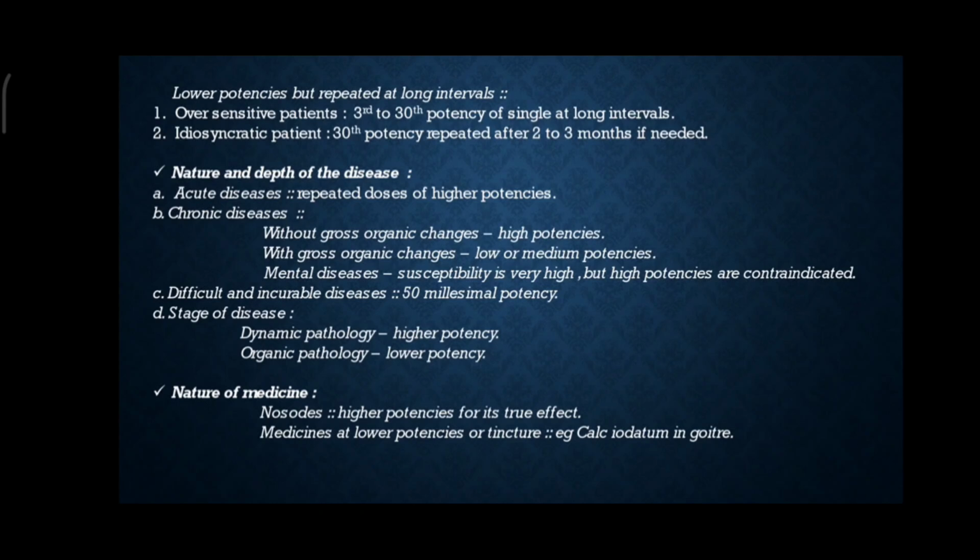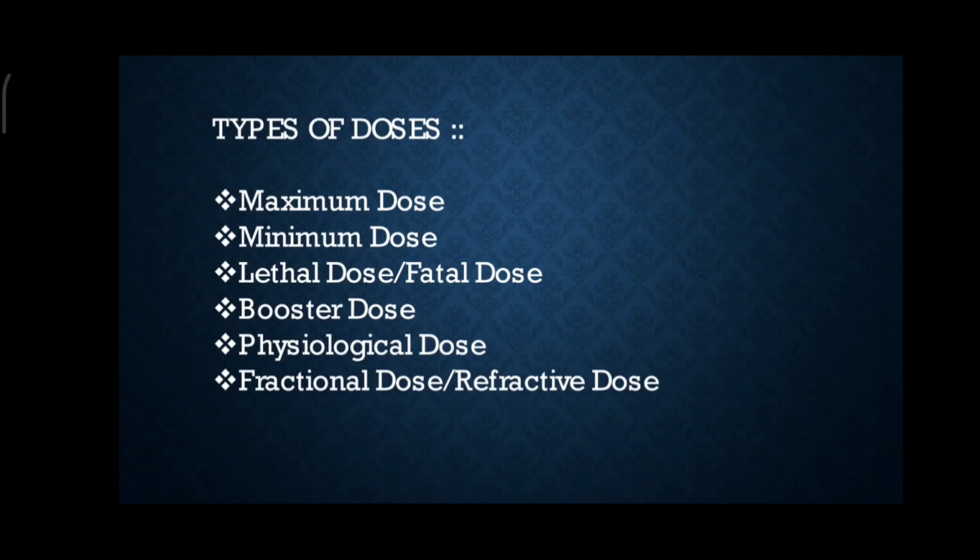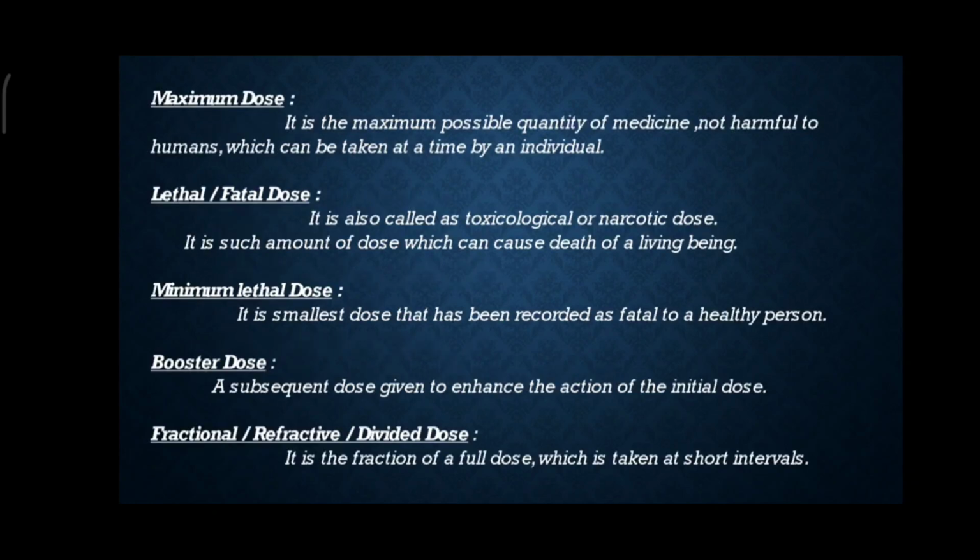Types of doses: maximum dose, minimum dose, lethal or fatal dose, booster dose, physiological dose, fractional or refractive dose, and minimum lethal dose. Maximum dose: it is the maximum or largest possible quantity of medicine not harmful to human life which can be taken at a time by an individual.